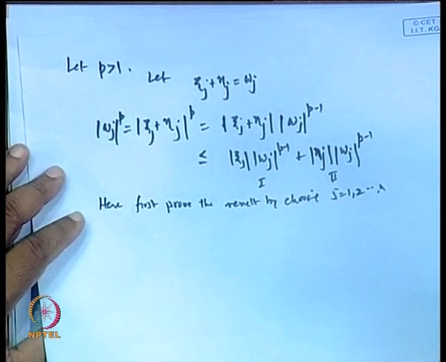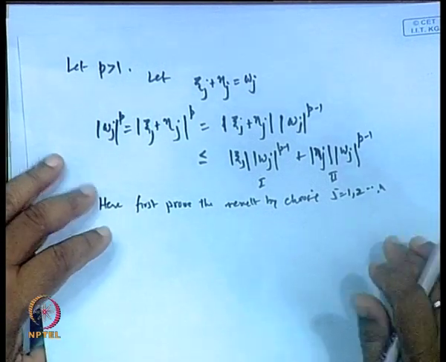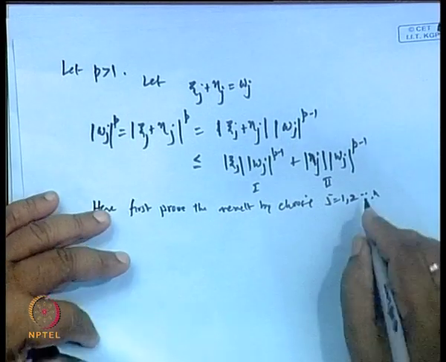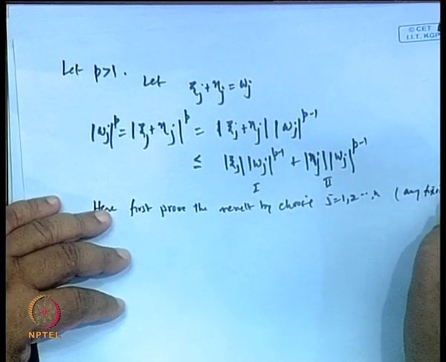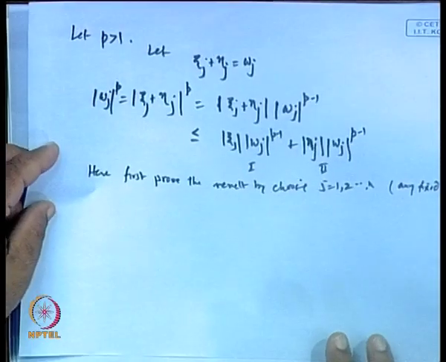That is the Minkowski inequality, we will just restrict up to j equal to 1 to n, and then for n sufficiently large, we can take it. So, where n is any fixed n, okay, any fixed n. Okay. So, we will prove that.